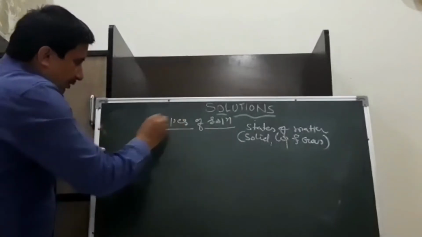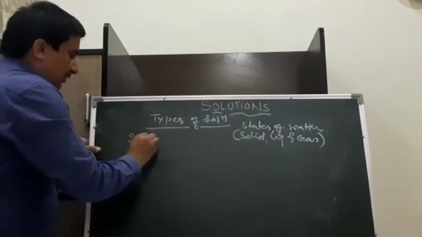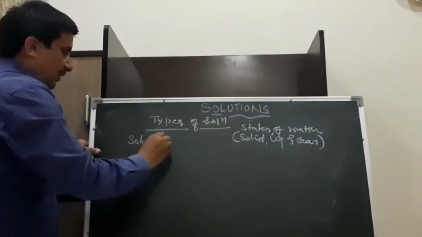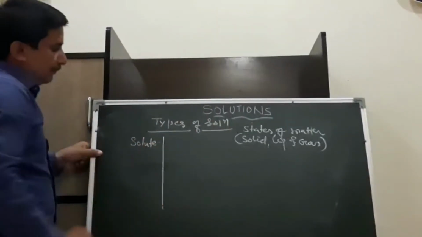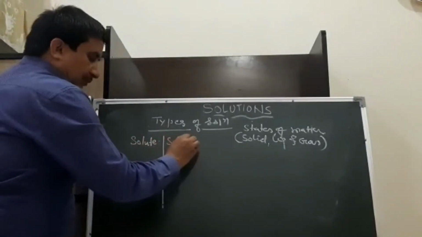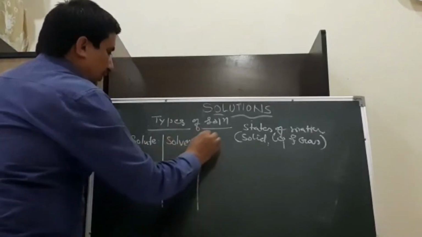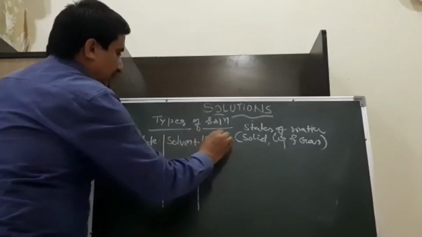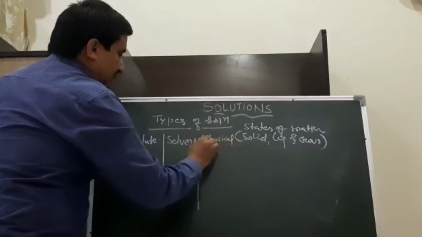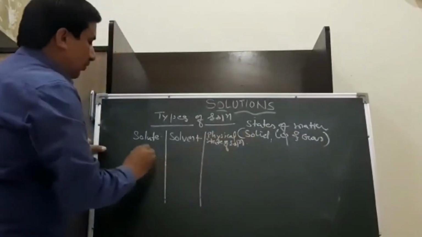Now we can classify solutions on the basis of these states of matter. First of all, let us divide them into solute, solvent, and physical state of solution.